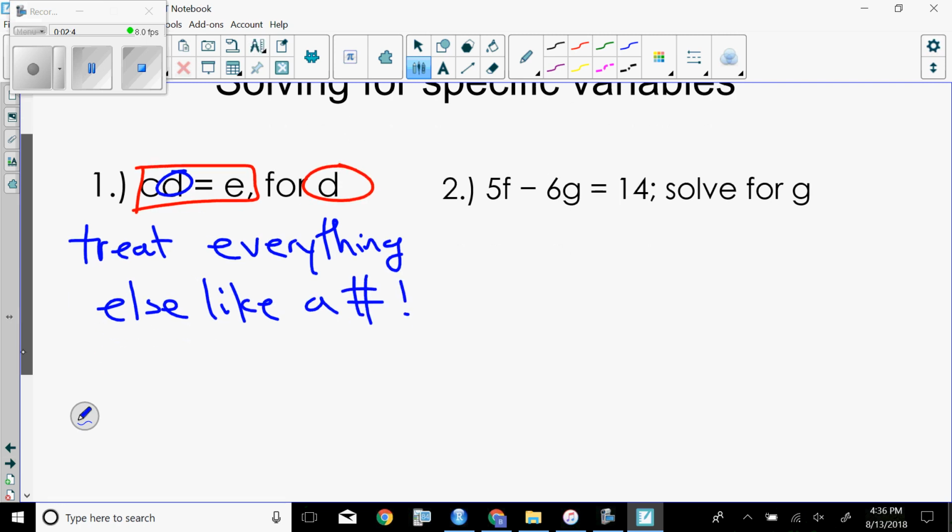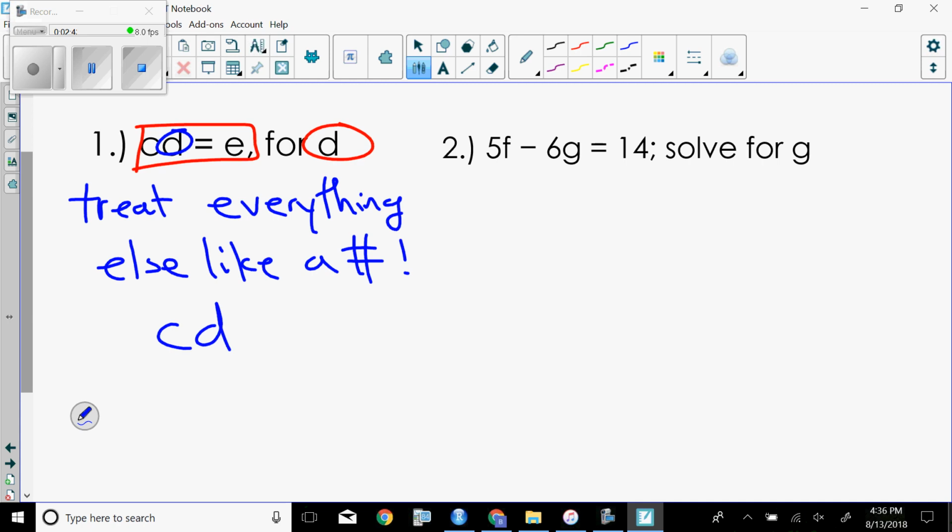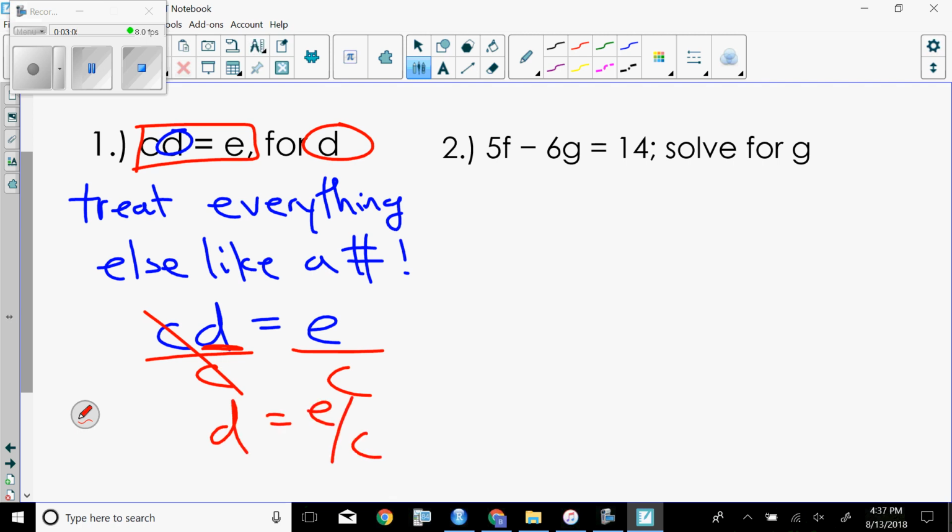So when I'm looking at this equation, C times D equals E. If I want to get D by itself, this C is in the way. What's the C doing to the D? It's multiplying it. So I divide by C. If I divide one side by C, I divide the other side by C. These will cancel. I will have just the D left over here equals E over C.